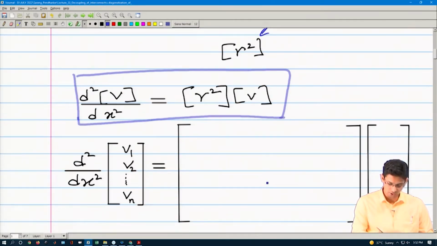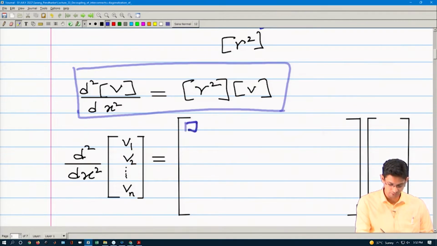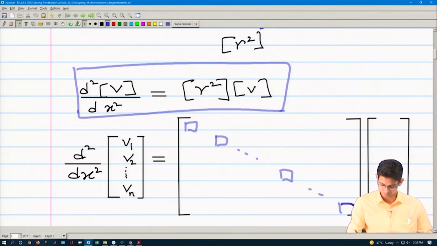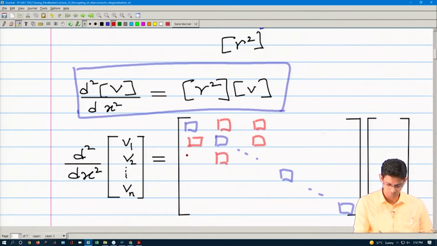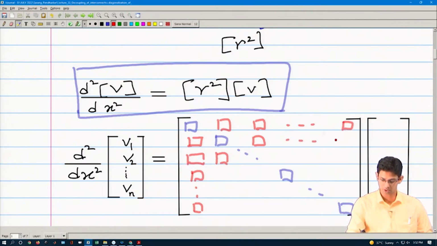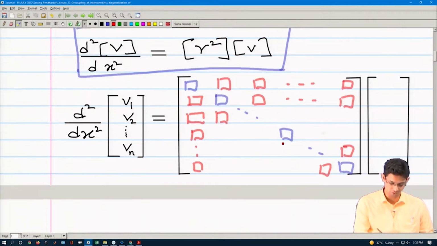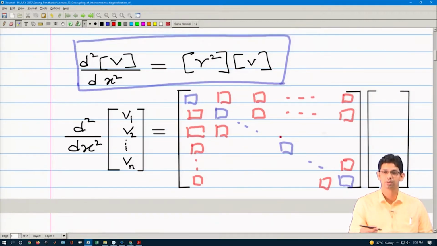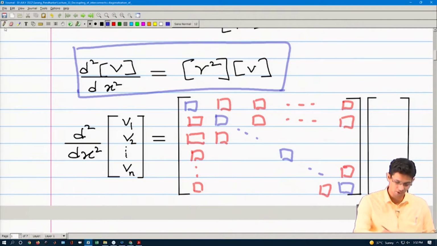decouple. So, here in general you will have some diagonal terms and then you will have some off diagonal terms. Not all of them would be non-zero. Depending on how you are coupling, some terms will be 0, some terms will be non-zero. But in general in a system of coupled interconnects, there will be these off diagonal terms.